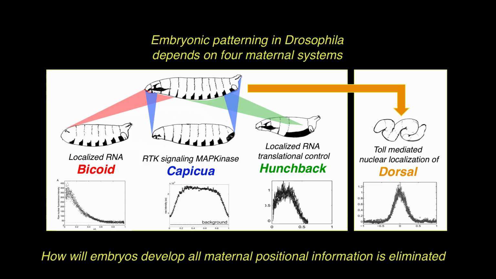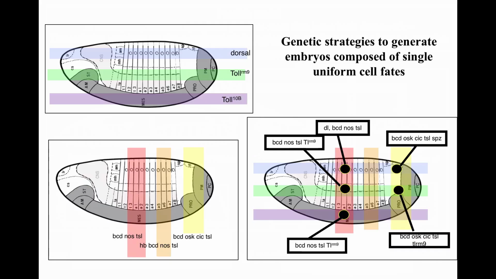To do this is all obviously possible because by eliminating maternal effect information, you flatten the gradient, but there are enough alleles that allow us to adjust the levels such that we can dorsalize or change the dorsal ventral fates of cells uniformly along different levels along the dorsal ventral axis, and we can create genotypes which are uniform but have different levels and would correspond to different positions on the embryo.